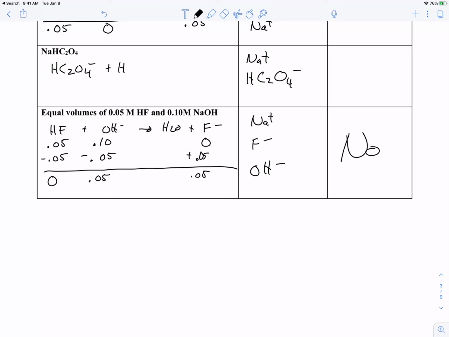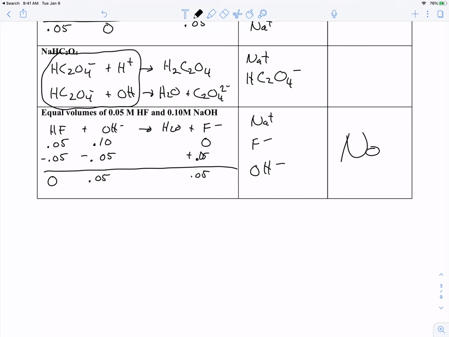If I add hydrogen to that, I form the weak acid, oxalic acid. And if I add hydroxide, I form water and the oxalate ion. So this turns out to be a buffer. Even though it's one particle that reacts with both the hydroxide and the hydrogen, it is a buffer.